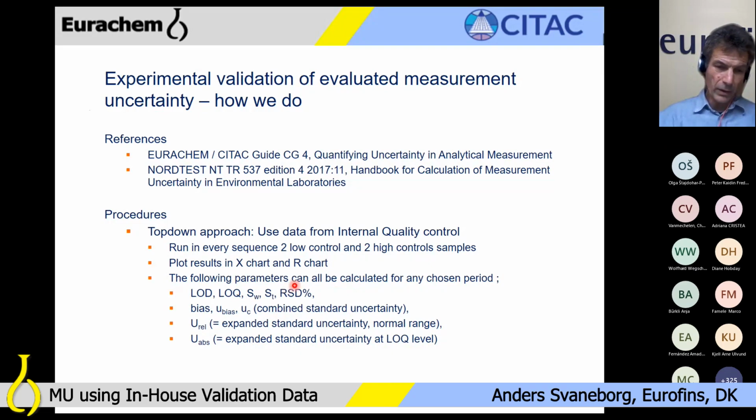And we have in the Excel template for the control charts formulas for these calculations of the LOD, LOQ, within standard deviation and total standard deviation, RSD percent, the bias and the U bias. This is the UC, the combined standard uncertainty, and then the expanded standard uncertainty in the normal or high range, and the expanded standard uncertainty at low level. That means LOQ level.